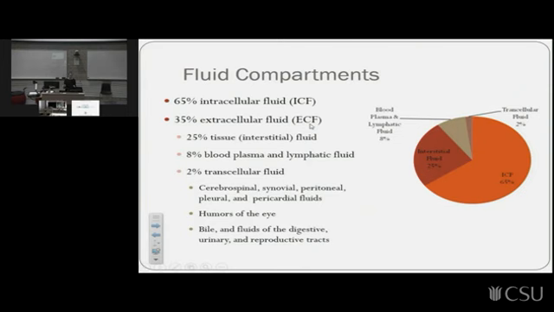That transcellular fluid accounts for cerebrospinal fluid, synovial fluid, peritoneal fluid, pleural and pericardial fluids. It is also in the humors of the eye, basically a fluid compartment of the eyeball, and it also accounts for bile and fluids of the digestive, urinary and reproductive tracts.